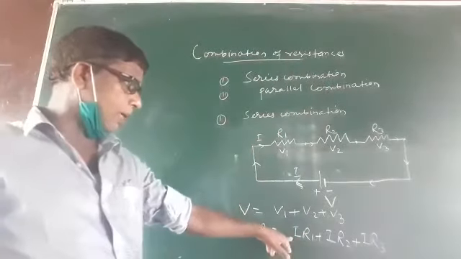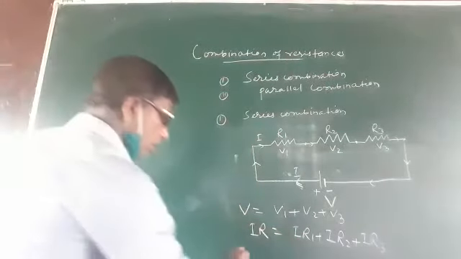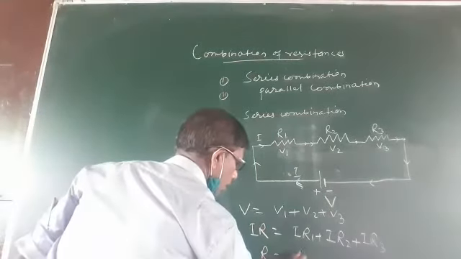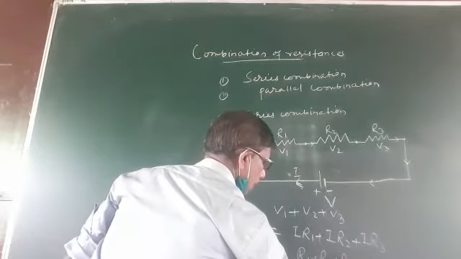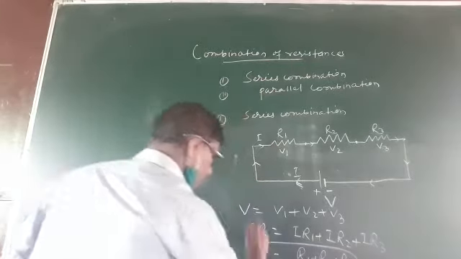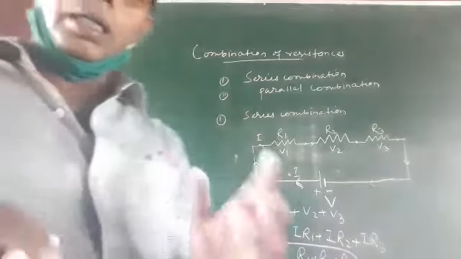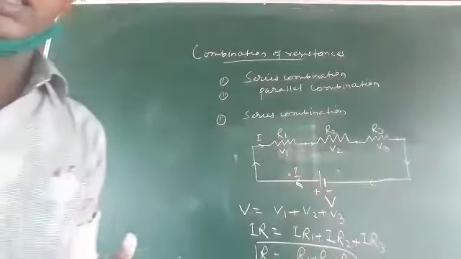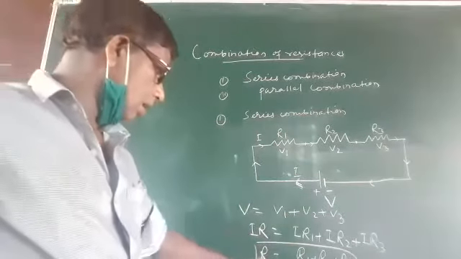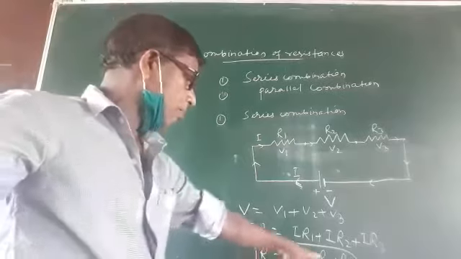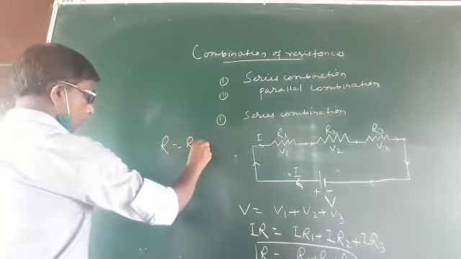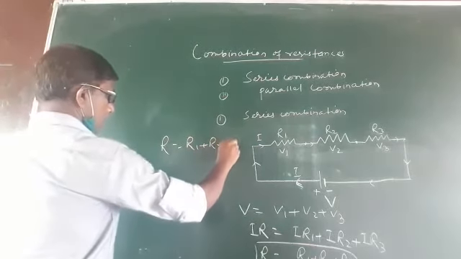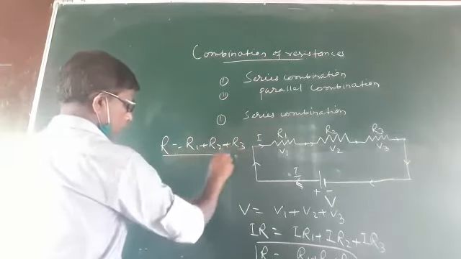If you take I common, it will be cancelled. So the answer is R1 plus R2 plus R3. This is the equivalent resistance if three resistances are connected in series. R equals R1 plus R2 plus R3.